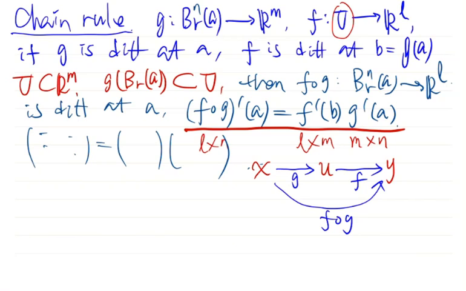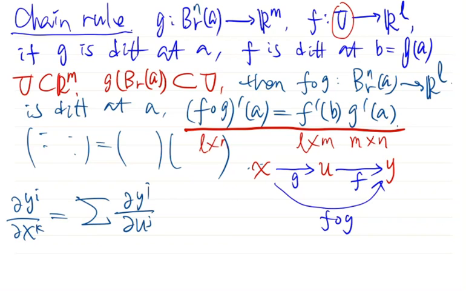So we have a formula: dyi over dxk is the sum of dyi over duj times duj over dxk, j from 1 to m.